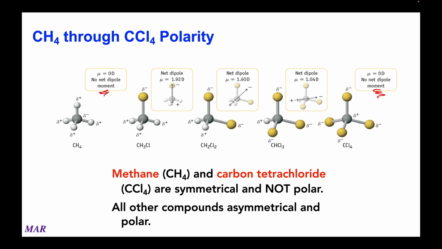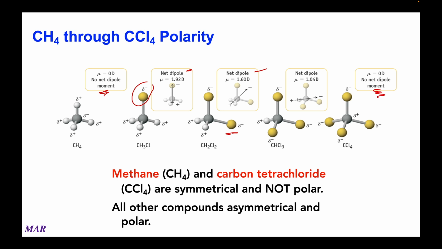It's also nonpolar. But if you start now back on the left again, CH4, you replace one of the hydrogens with a chlorine. Hey, now we've got an asymmetric orientation of atoms. That carbon has 3 hydrogens and 1 chlorine. Everything is not the same. Polar. If you have a dipole moment, that means it's polar. If you replace a second hydrogen with a chlorine, still asymmetric, polar.